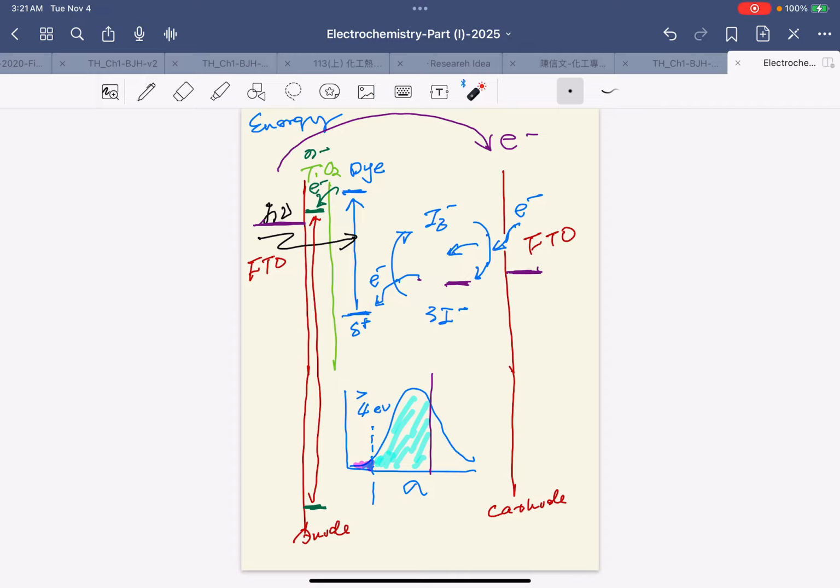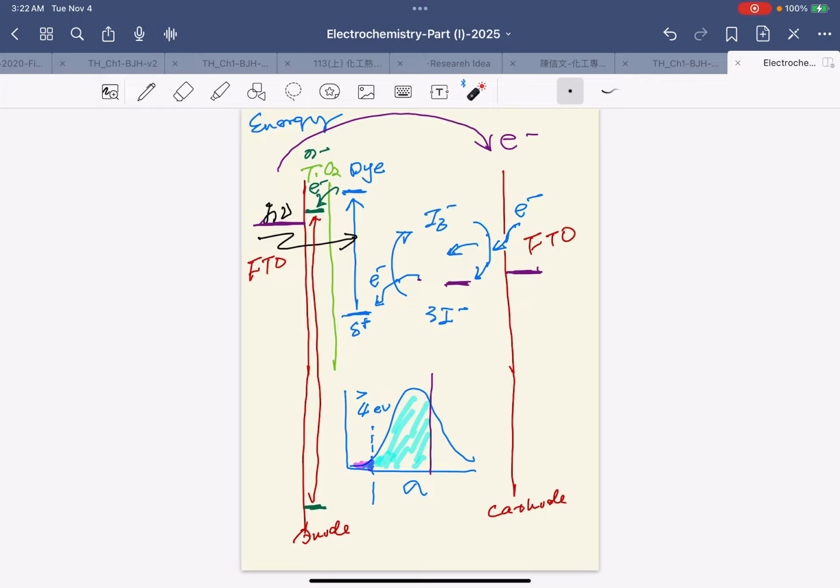So of course, if you don't use a dye, if you just use simple TiO2, then of course this reaction can happen. This iodide can be oxidized at the anode side.